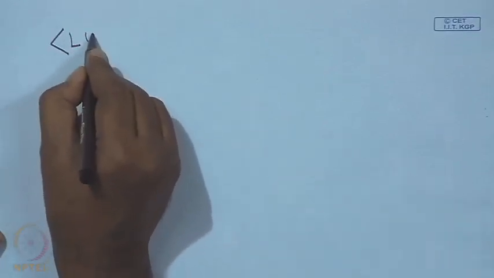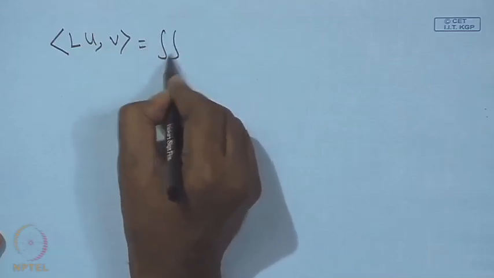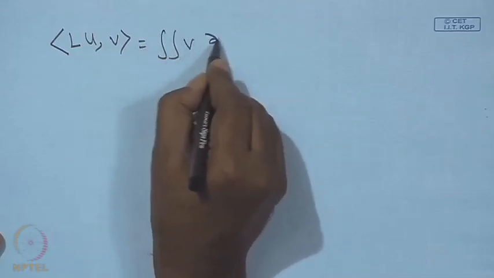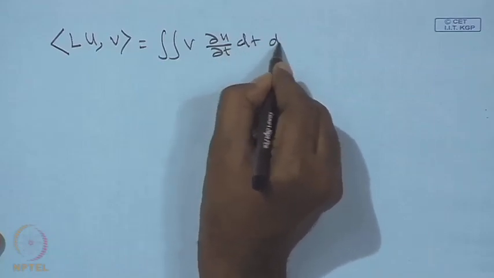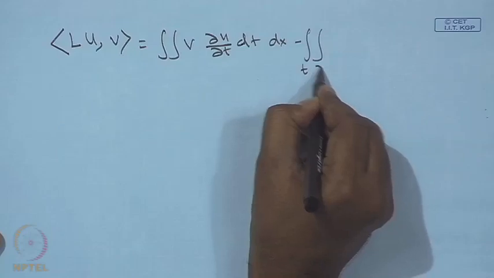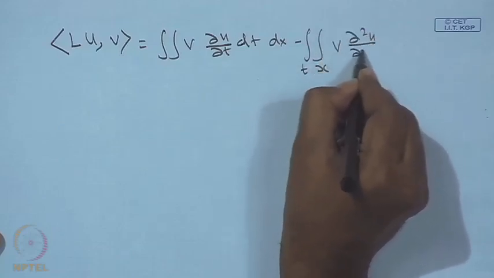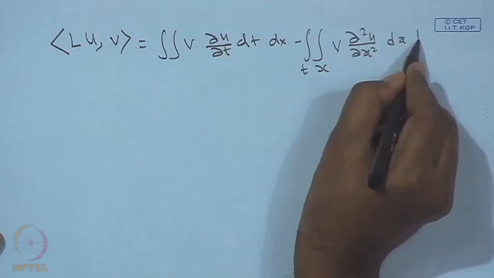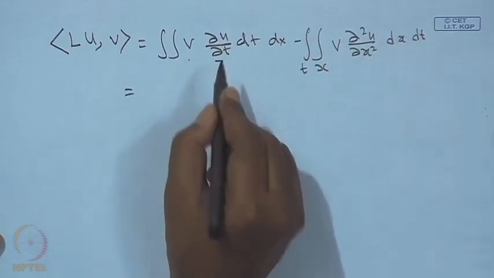So, the inner product of L u and v will be, let us write it down, double integral v del u del t dt dx minus double integral, one over t, another over x, of v del square u del x square dx dt. So, first function, second function.